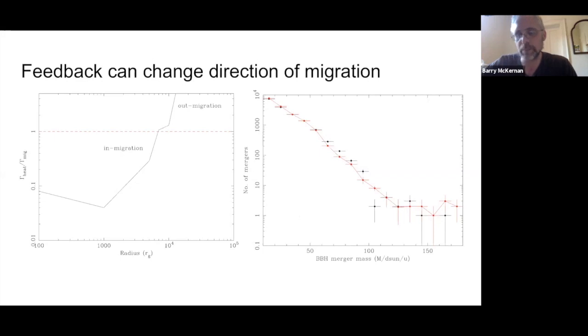What basically happens is instead of getting a smooth set of differentially migrating objects that encounter each other, form binaries, and build up a hierarchical set of mergers that way, you get much more of a Brownian motion effect where some things are migrating outwards, other things are migrating inwards, and you get a more randomized sorting process.